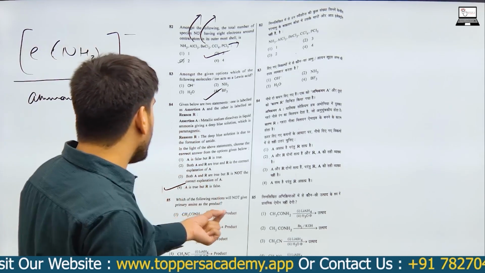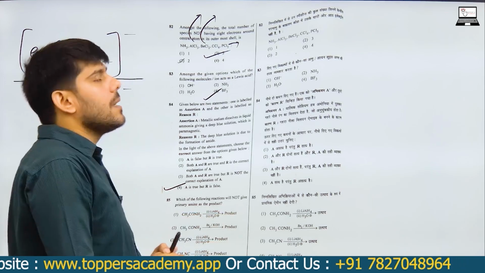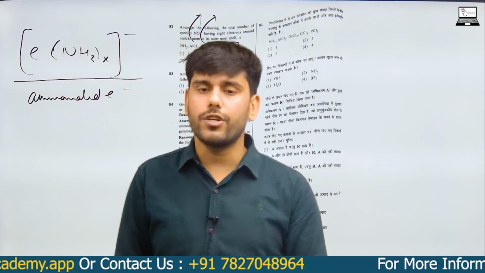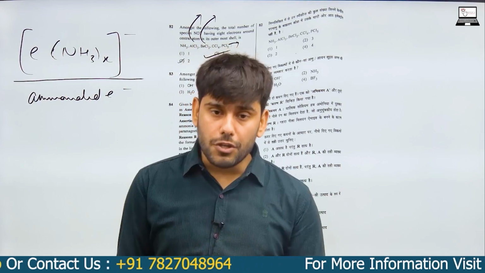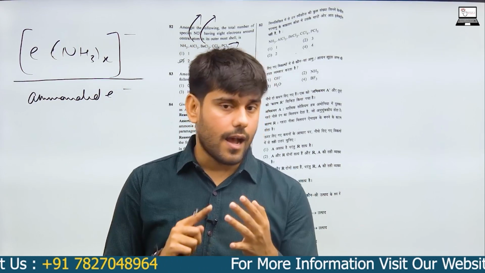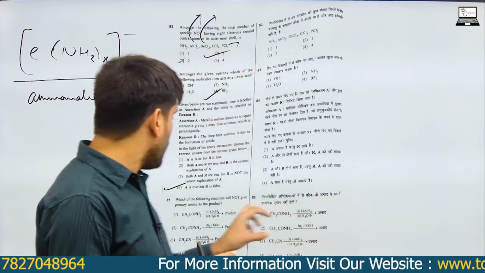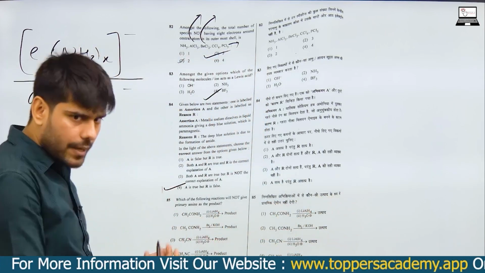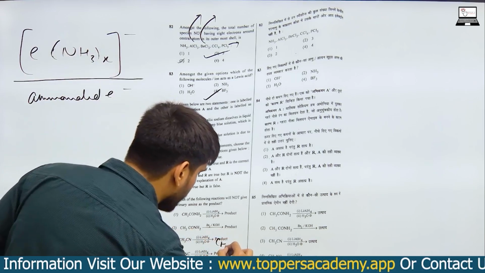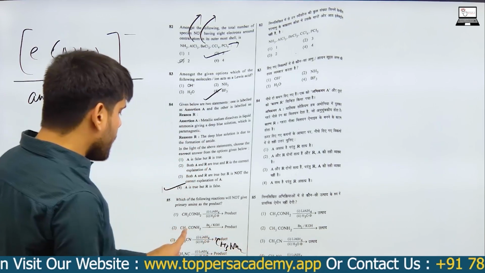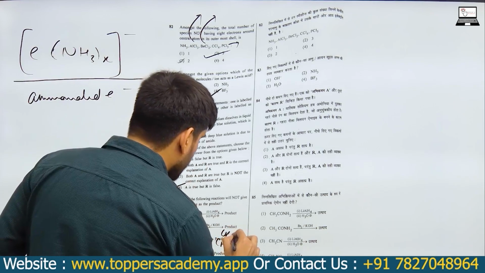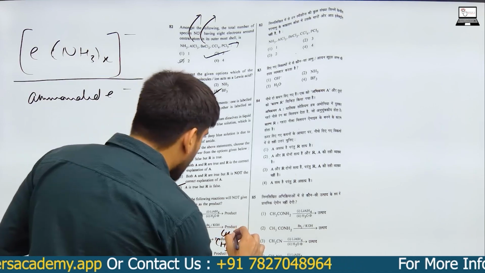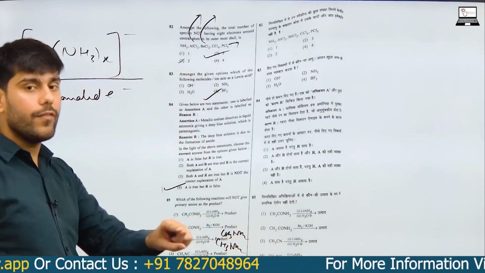Next, which of the following reactions will not give primary amine as the product? We discuss this in amines or nitrogen compounds. The reduction of cyanides gives you primary amine, that is CH3NH2 is the product. Then the amide will give you CH3NH2, this is your Hoffmann bromamide reaction, that means amine with one carbon less.